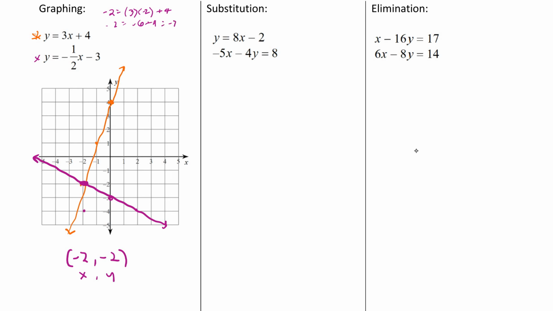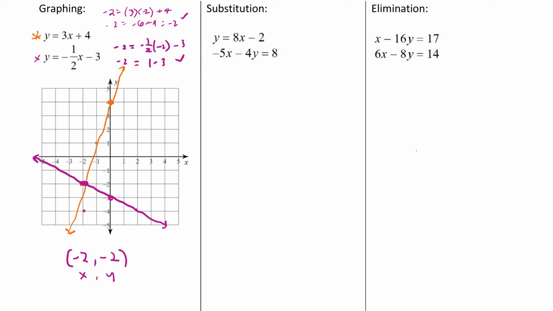That would in fact equal -2. If I plug it into the second equation, -2 equal to -1/2 times -2 minus 3. That would give me a +1 minus 3, which does in fact equal -2. So I am correct.